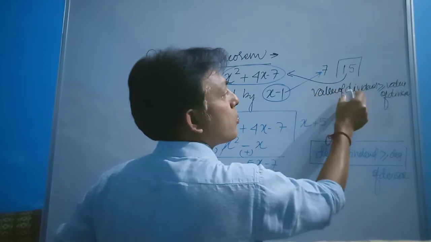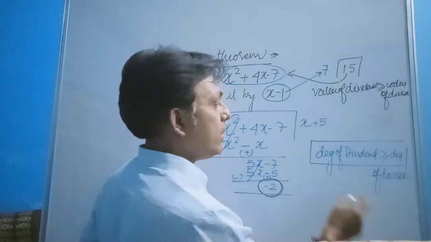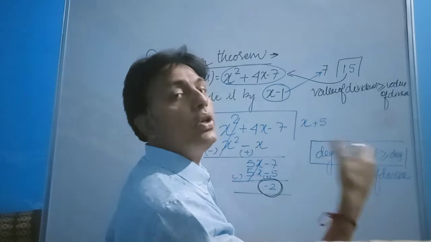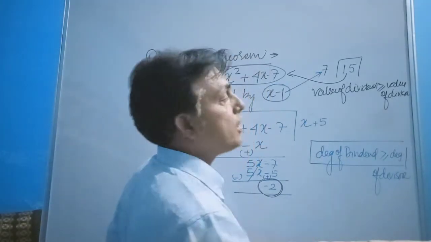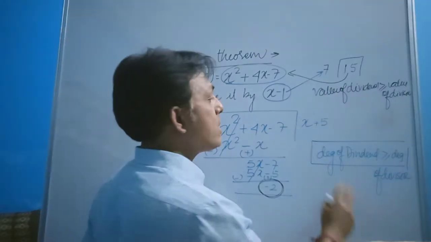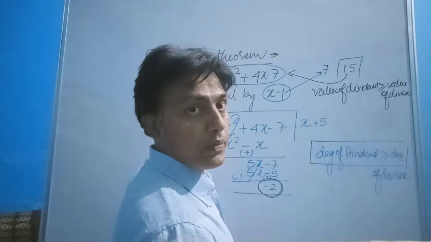Here we are talking about the value of dividend, here we are talking about the degree of dividend. So the comparison will be on the same pattern, but here the values are working, here the degree is working.